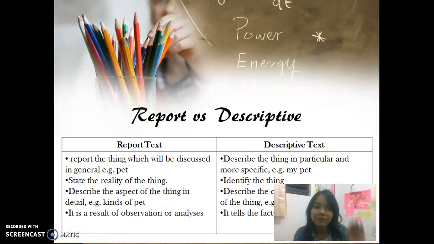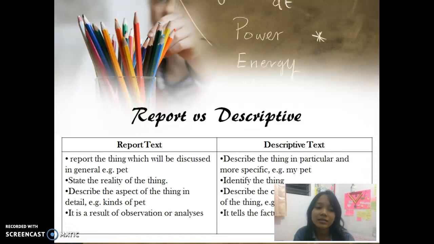Take the example of your dog. You want to talk about your dog. You need to identify the appearance of the dog, the look, and go deeper.